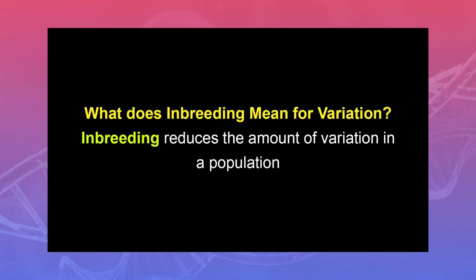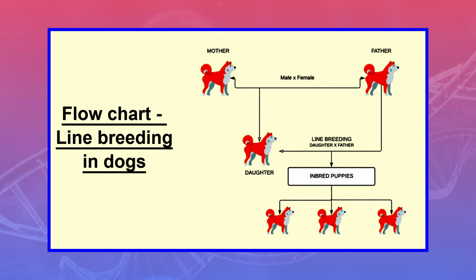As inbreeding increases, the frequency of alleles being homozygous at a particular locus also increases. Hence, inbreeding reduces the amount of variation in a population. Line breeding attempts to maximize desirable homozygous alleles, that is, fix these desirable genes in the population using selection and planned breeding programs, a sort of controlled inbreeding.